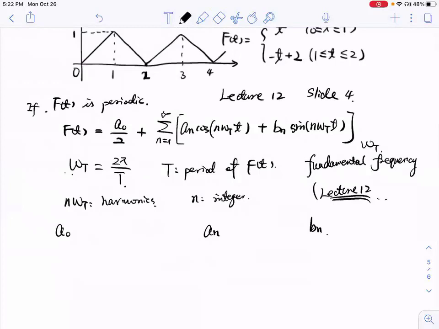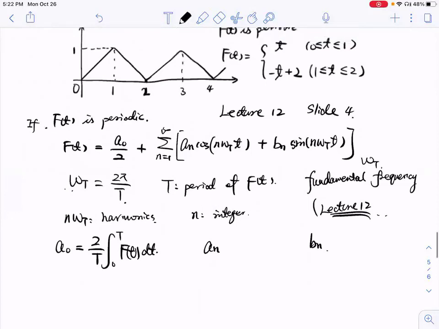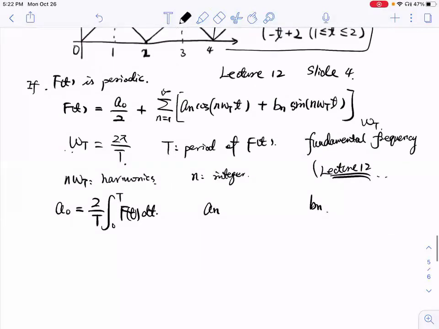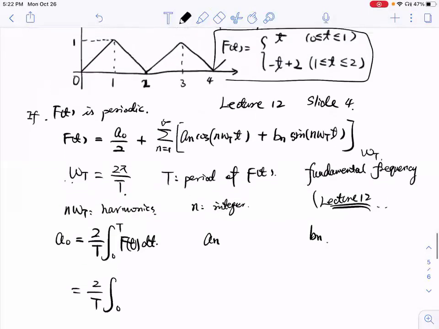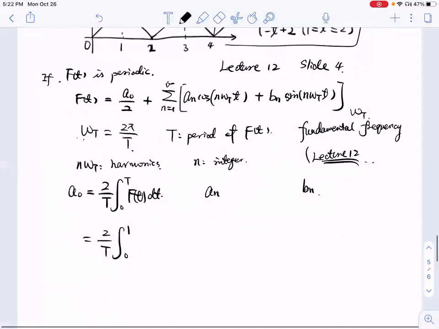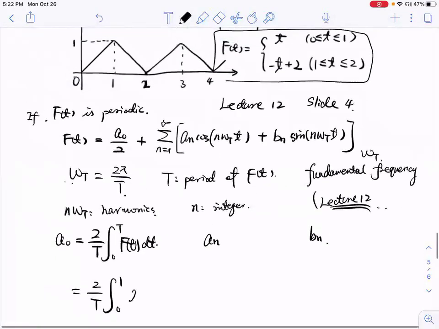So here, I'm going to show you how to do manual integration. Your a naught is 2 divided by T, integral from 0 to T, of f(t) dt. Your f(t) is actually a piecewise equation. That's why you have to do an integration from 0 to 1 second. In that time period it's just t dt.